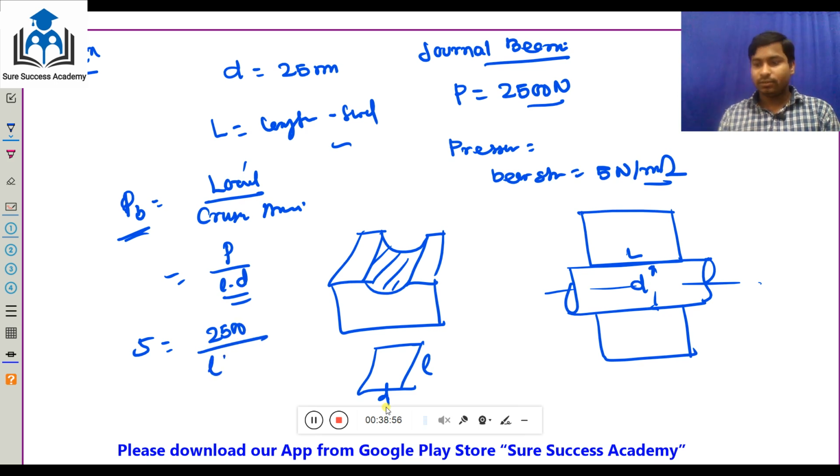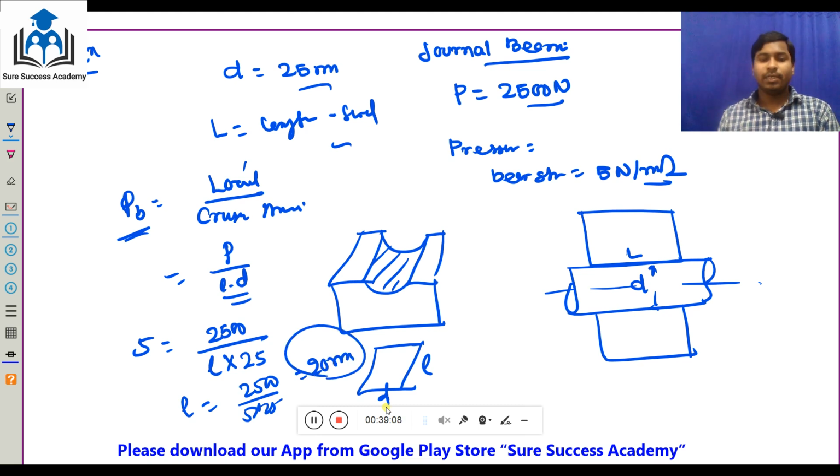L you have to calculate, into 25, the given diameter. So L is equal to 25,005 divided by 5 into 25, it will come around 20 mm. You can get 20 mm. In this way you can find the bearing stresses and the shearing stresses.